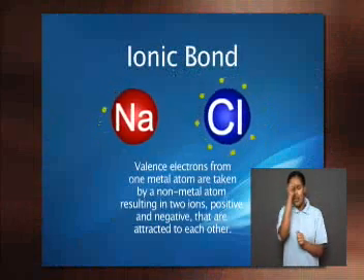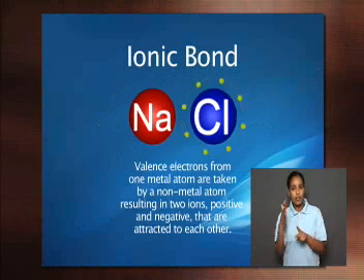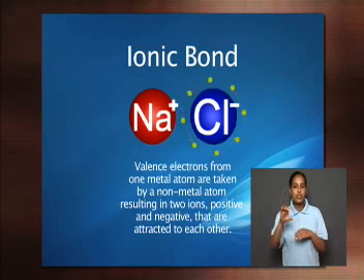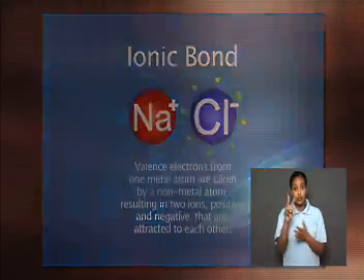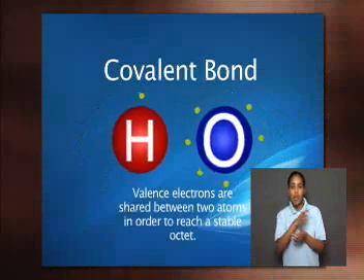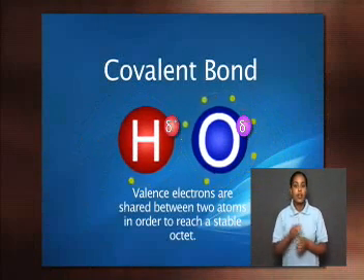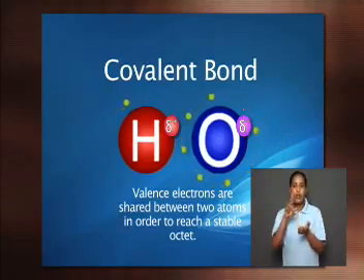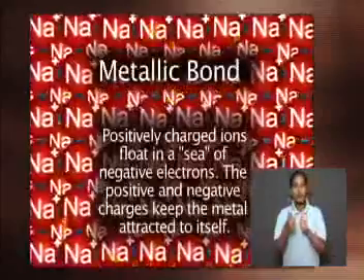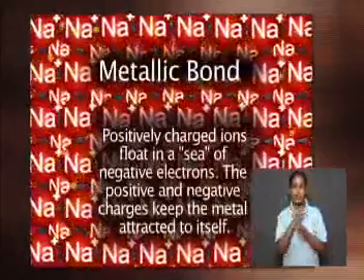Within any sample of matter, there are two different types of electrostatic forces at work. These two forces are intramolecular and intermolecular. Intramolecular force makes a chemical bond, which includes ionic, covalent, and metallic bonds.